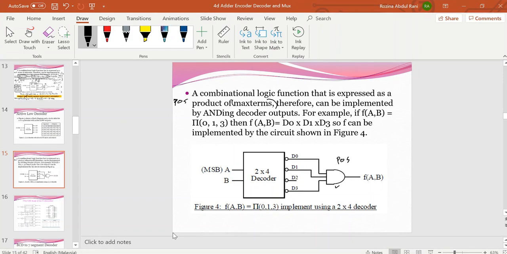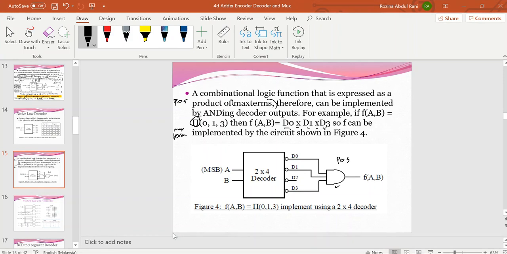product of sum. So for example, if we have a function of variables a and b equal to, this refers to max terms 0, 1 and 3. Then the function of a and b is equal to d0 times d1 times d3.